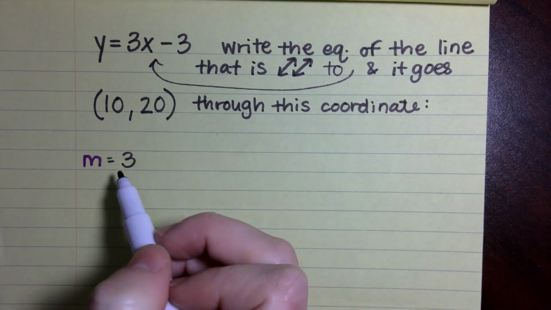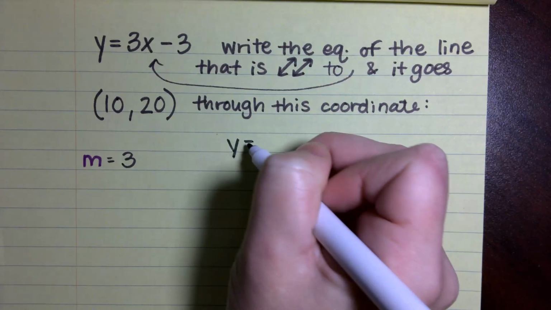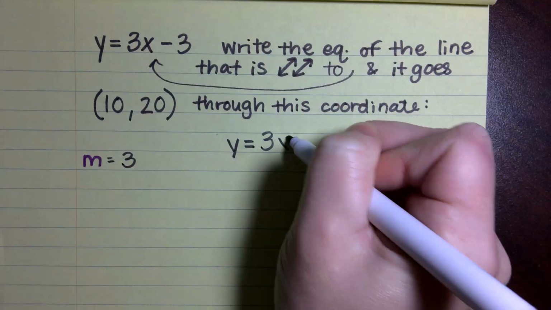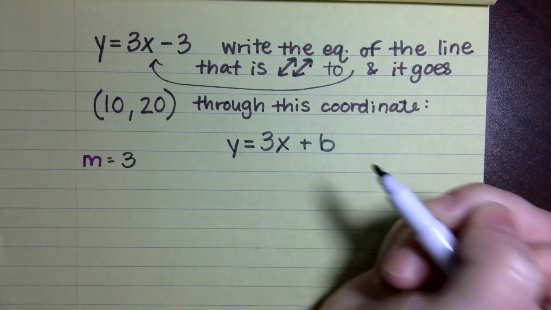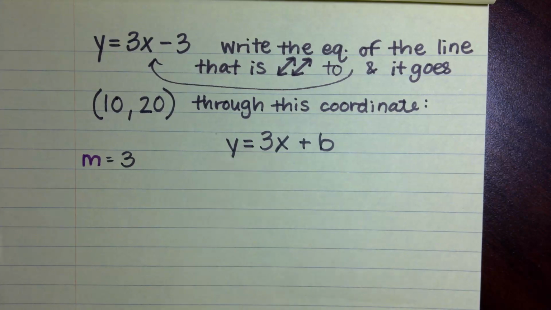Okay. So we have our m is 3. So let's go ahead and write y equals m x plus b, and I'm going to put my 3 in there. Okay. So step 1 is done. We found our slope and we put it in the equation.